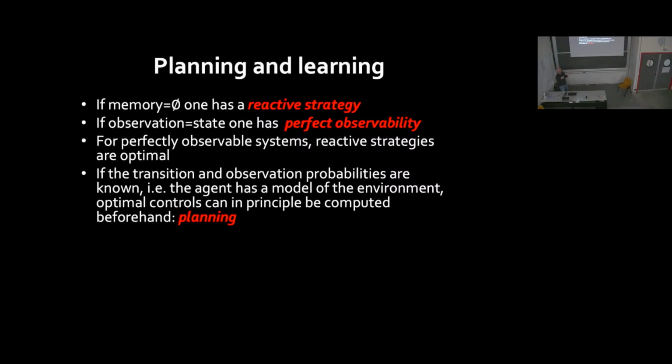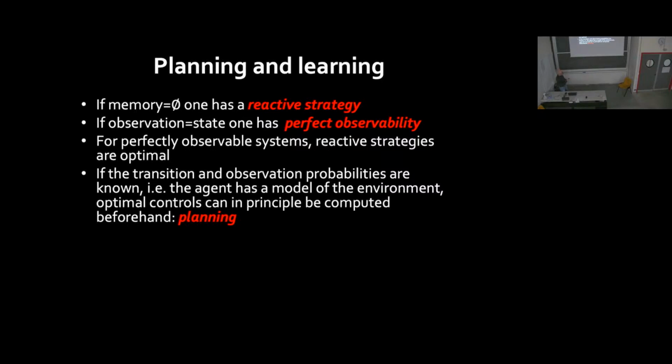That is, you have analytical tools or numerical tools to predict what will happen in the future, because you have a model, and you can use this prediction in order to optimize your future behavior. This you can do even if you're partially observable. Of course, computationally it's a much harder task to make plans in presence of uncertainty. But nevertheless, you can plan.